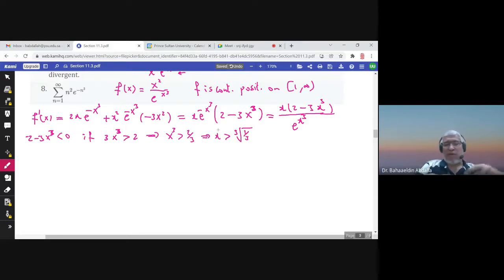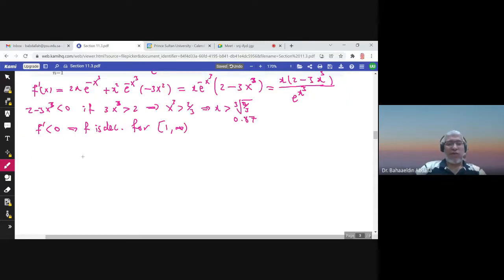If I use the calculator, the cube root of 2 over 3 is 0.87. So for x greater than 0.87, f prime would be negative. So f prime is negative, hence f is decreasing for 0.87 to infinity, or from 1 to infinity.